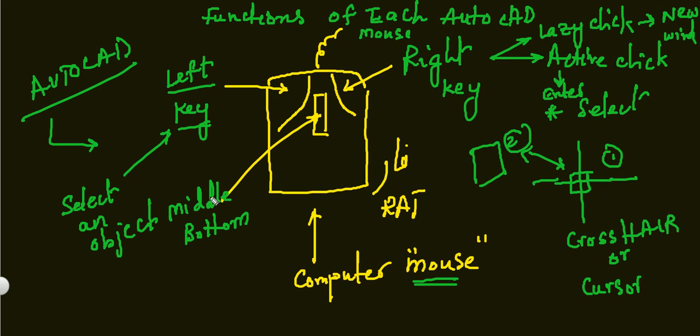So let's summarize this video. Left click, select an object. Right click, there are two options. One is the lazy click. Lazy click means you press this key and you don't leave it, and slowly leave it. That's called lazy. And the active click means you just touch it quickly.